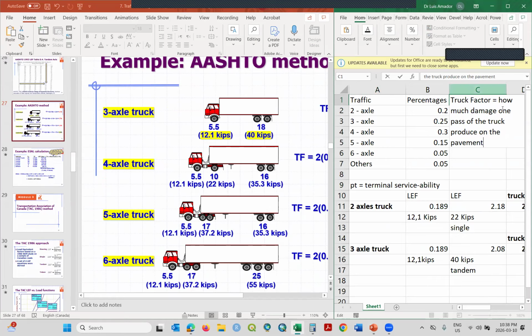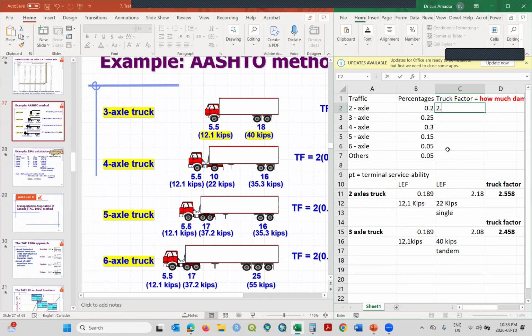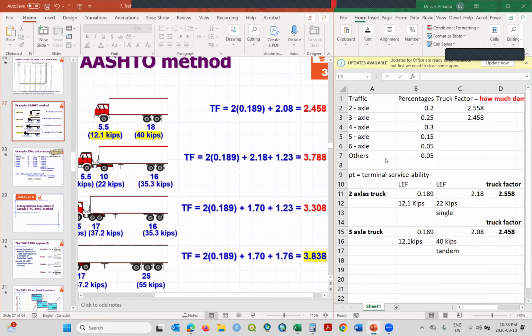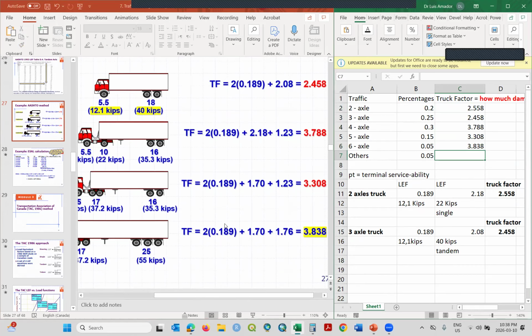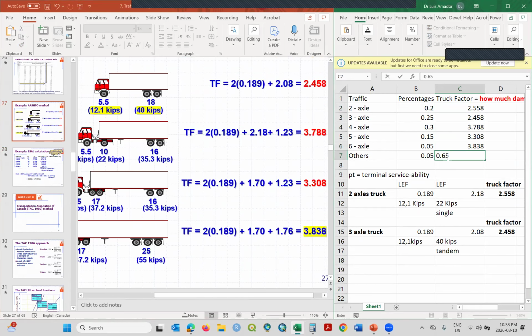That's what this means, and this is what you need to remember. Okay? So I'm just going to copy the truck factors there. So we have 2.558, 2.458, 3.788, 3.308, 3.838. And then finally, my last one has 0.65.